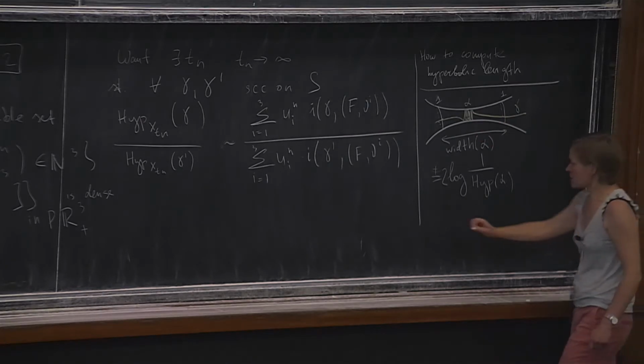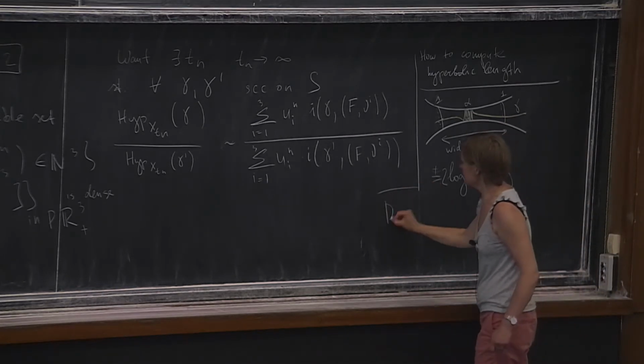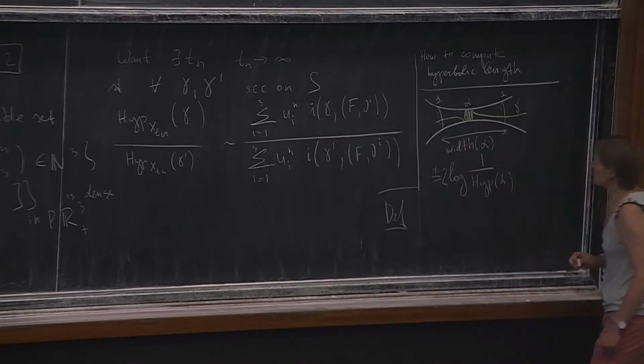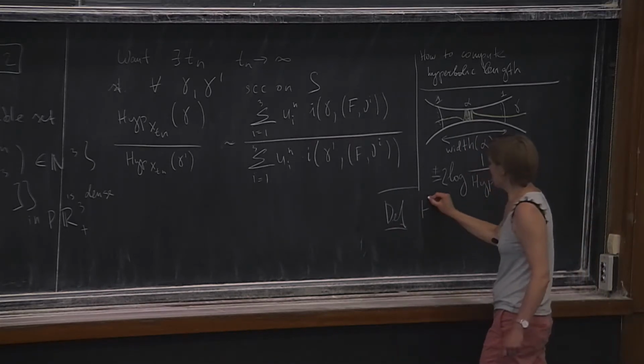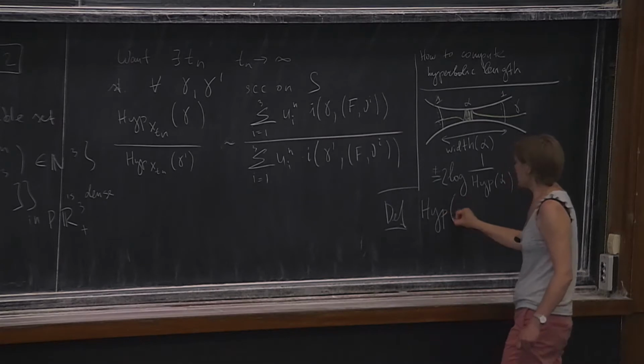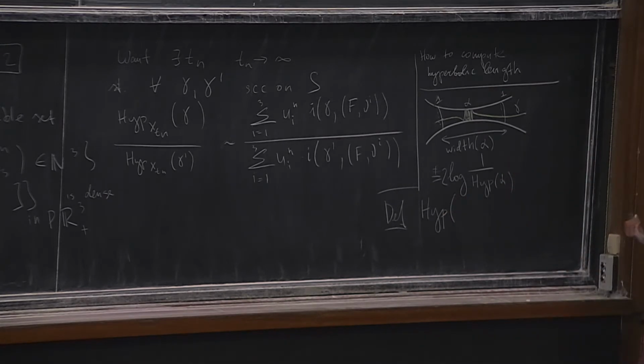So one defines the following. Definition: this is the contribution of alpha to the length of gamma.